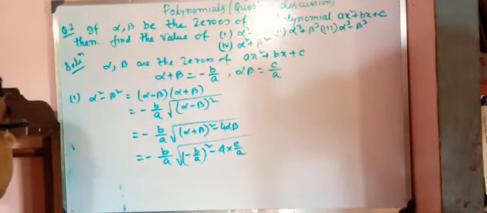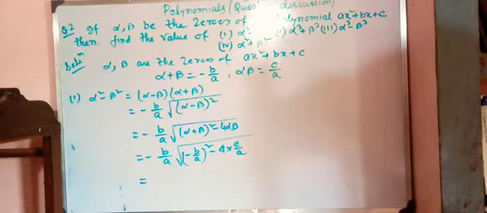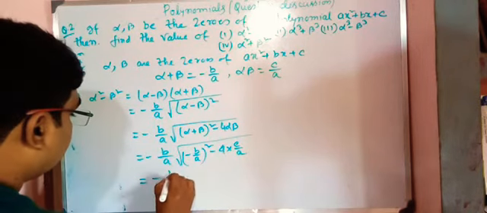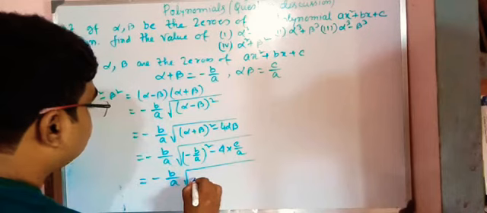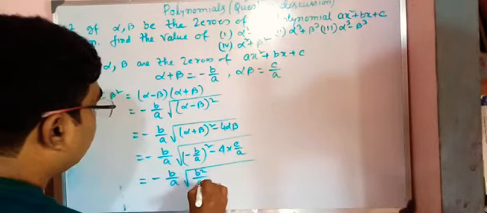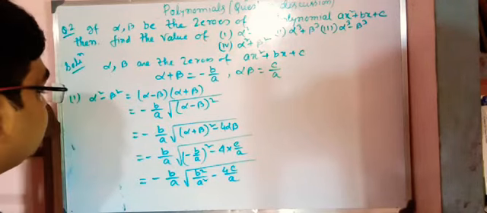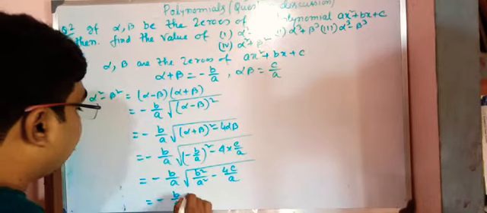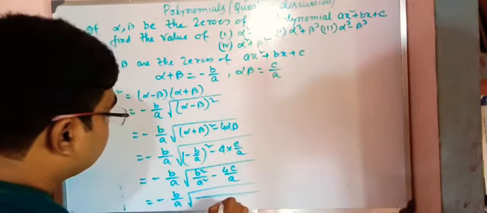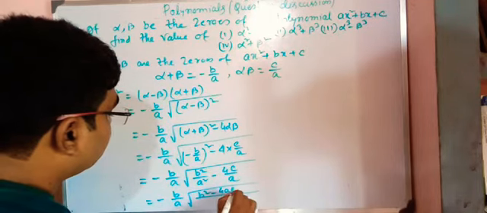Okay. Now lastly, if we calculate it, we get minus b by a root under of b square by a square minus 4c by a, which is minus b by a root under of, this is a square, that is b square minus 4ac.